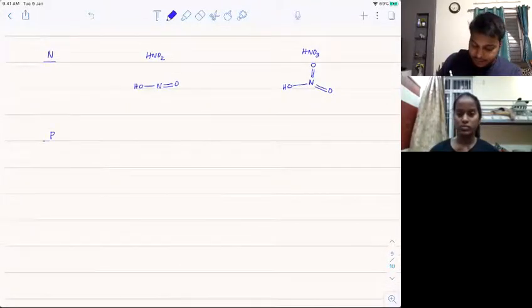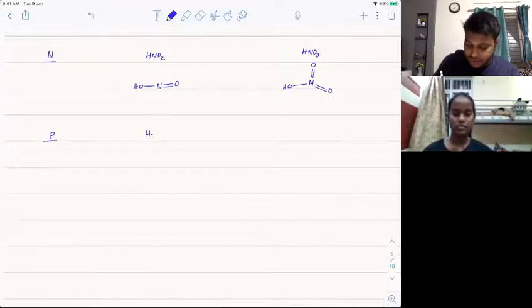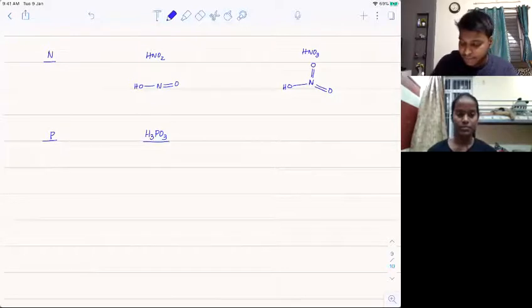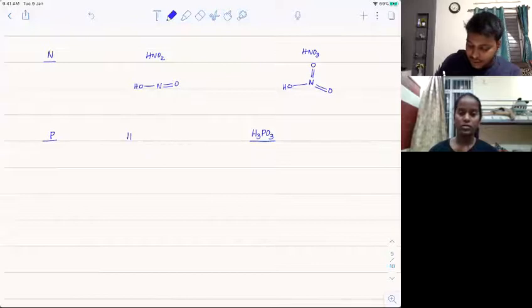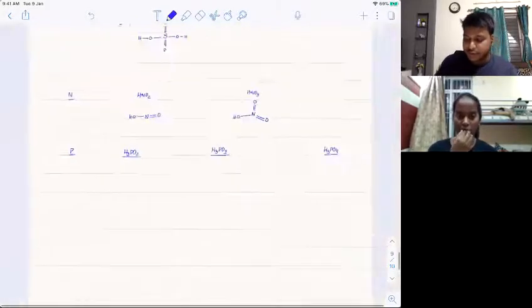Next we have phosphorus. Phosphorus again has important acids: H3PO3 and H3PO4. Well, it has one more acid, H3PO2. These are the three acids which you will see mainly.